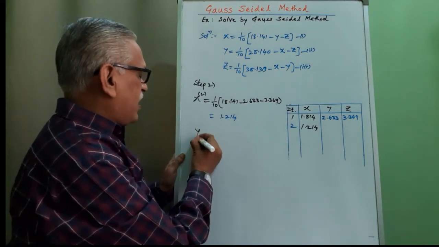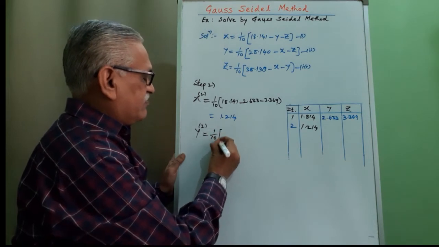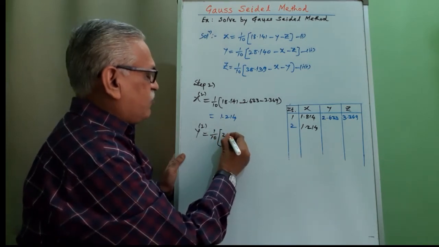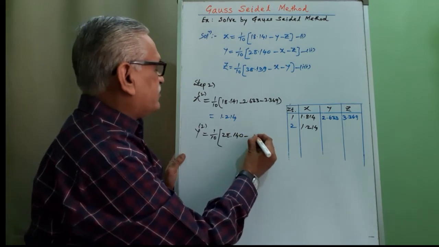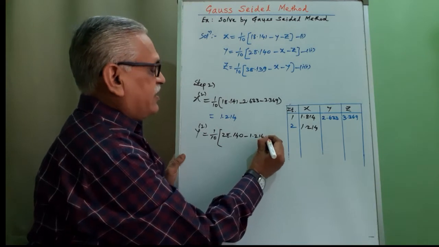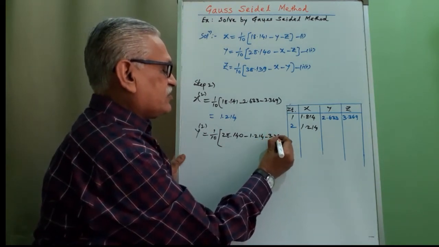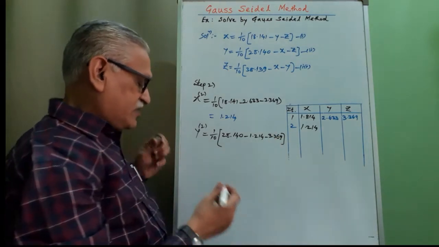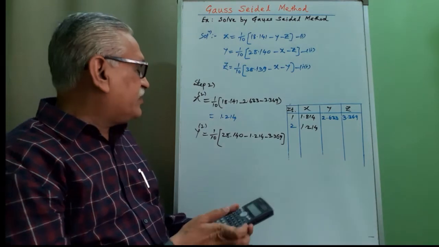We get y2 as again 1 by 10 times 28.140 minus x, which is 1.214, and minus z, 3.369.